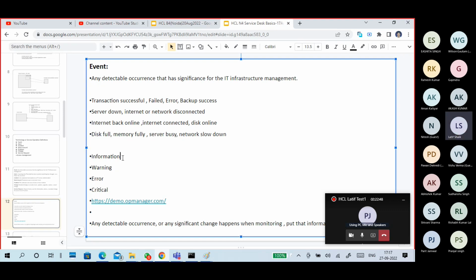Or maybe your disk is full, warning. System is slow, warning. Disk failed, error. Disk online, information. So that's why you have to categorize. Information means generally it is a success.